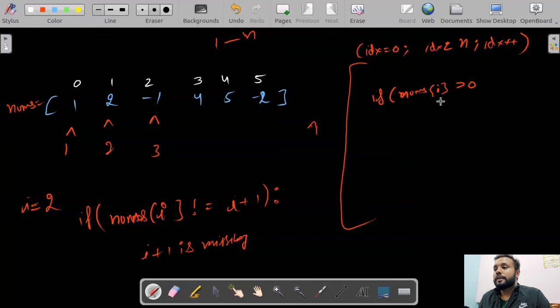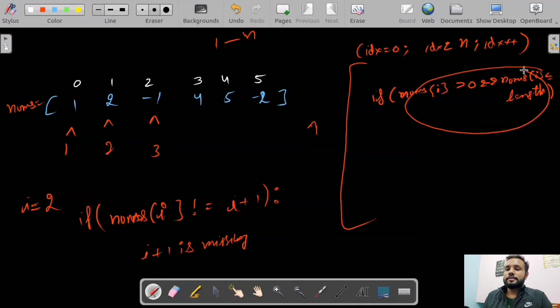If it is greater than 0 and nums of i is less than or equal to length, if this is the case, first we check if this number is in range 1 to n, and only then are we going to check if we need to swap or not.